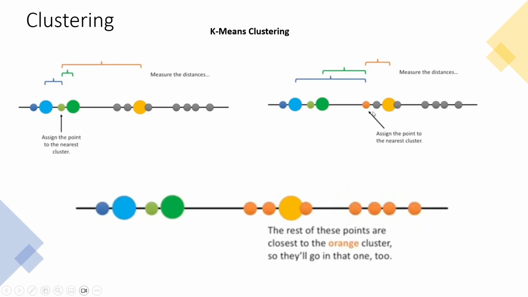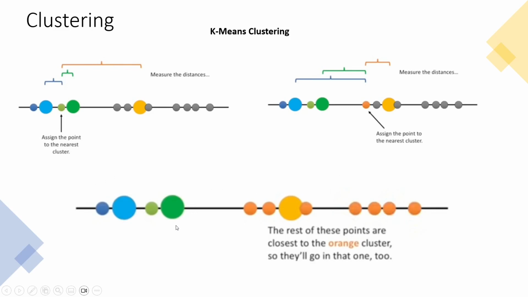And then for this sample, we calculate the distance between the sample and the blue center, the green center, and the orange center, and then we assign orange because it is closest to orange. And once we are done with all the samples in our data set, we come up with something like this.